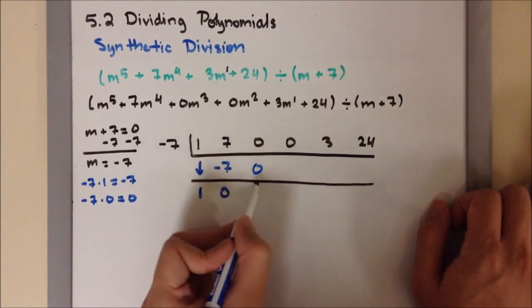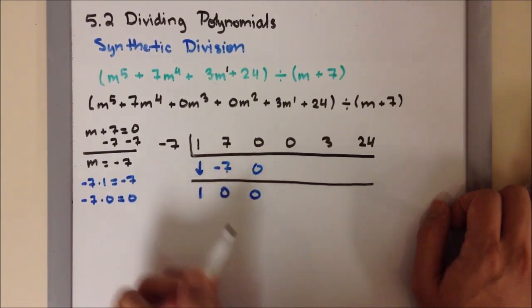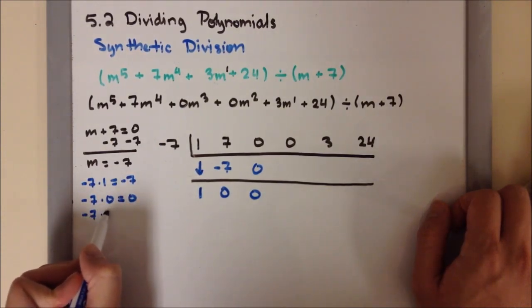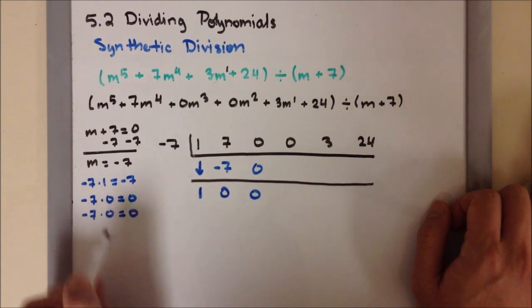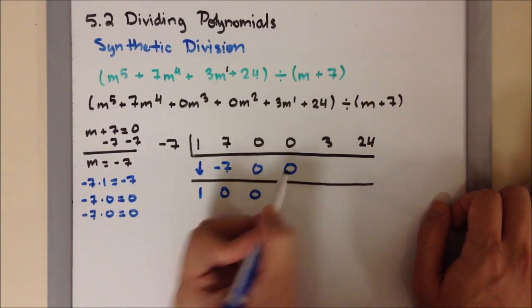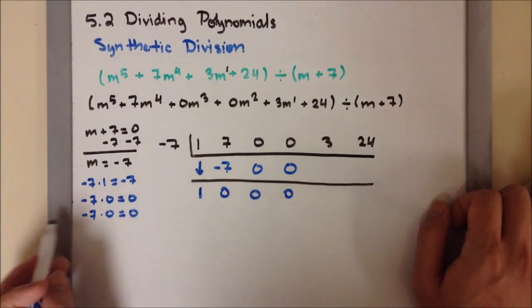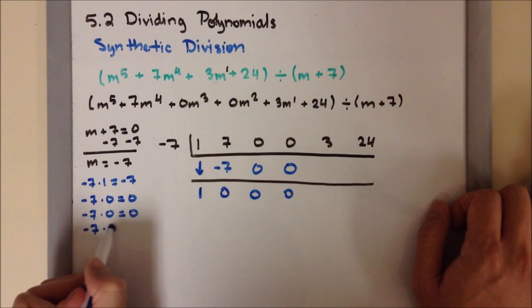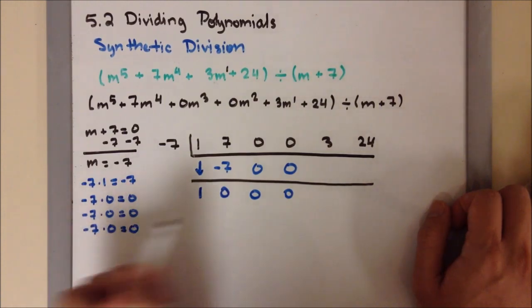Alright, 0 with the 0, another 0. Repeat the process, negative 7 times 0 is 0, so put it over here. 0 with a 0, when I combine them, will be 0. Then repeat the process again. Negative 7 times 0 is another 0.